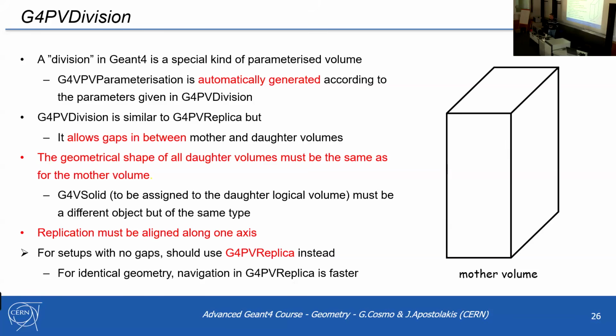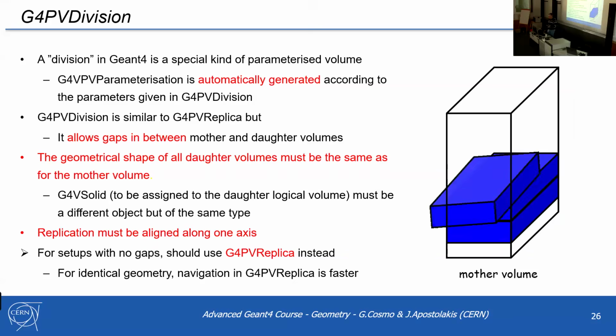Of course, with divisions you can also implement normal replicas, but it would be less efficient than normal replicas. So if you have a simple replica with all the slices that fill the mother, it is better to use a replica and not a division, because it is more optimized for that.